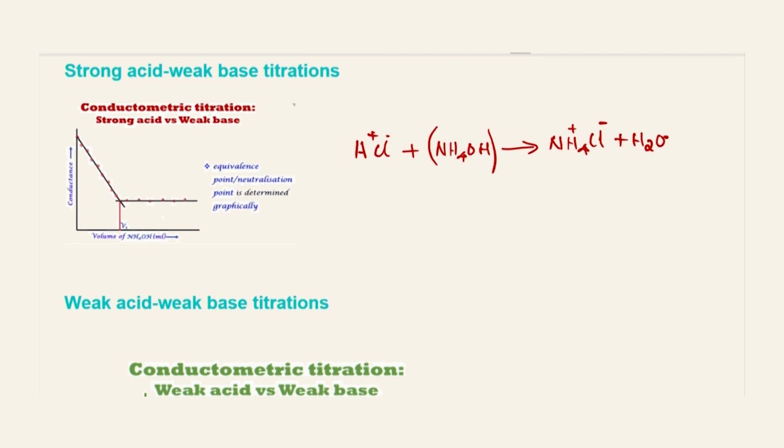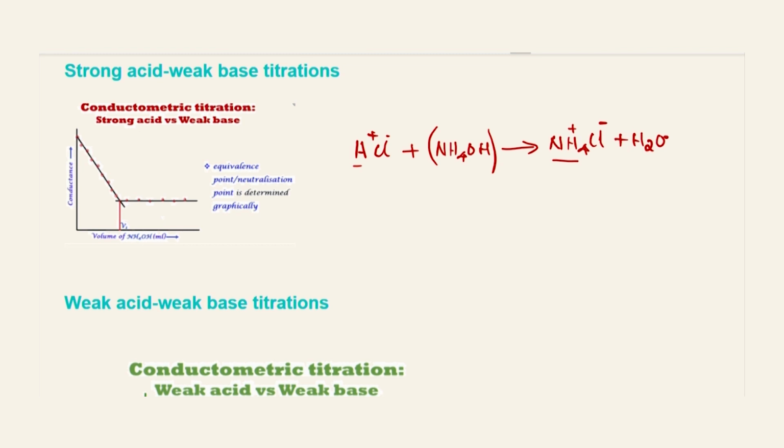HCl being a strong electrolyte has a high conductance value, but when ammonium hydroxide is added, it gets converted into ammonium chloride. That is, instead of H plus ion, you are going to have ammonium ion, which is slower than H plus ion, and therefore the conductance decreases. You can see it from here.